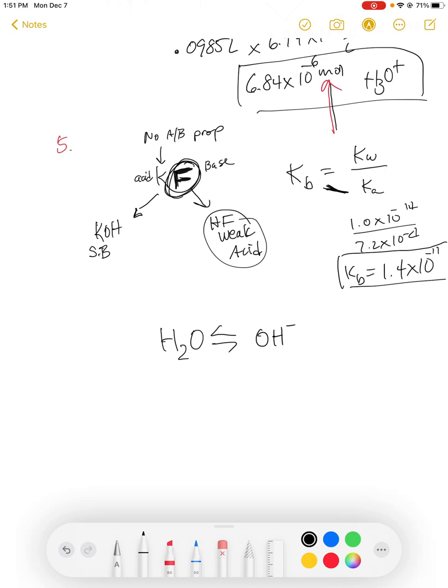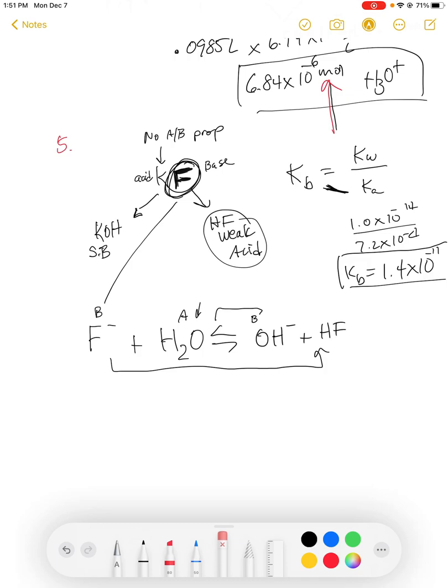You must start there, all right? And we know that this is going to be our base here, okay? So if this is a base, this is an acid. If this is an acid, its conjugate is a base, and that means that this base must have a conjugate acid, and that, of course, is HF, all right?